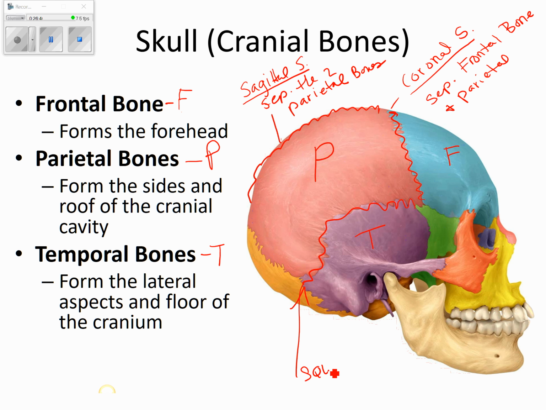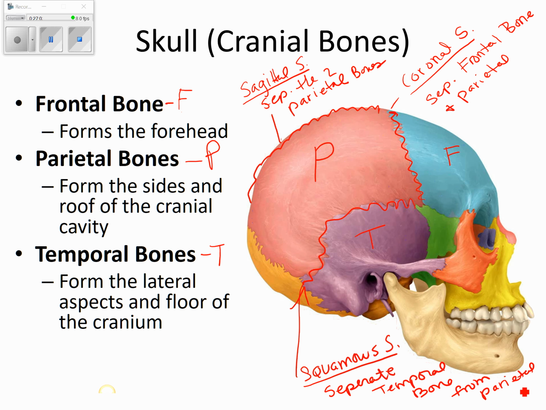So that is your squamous suture, and what it's going to do is separate the temporal bone from the parietal bone. So that serves as a boundary between the parietal and the temporal bone.